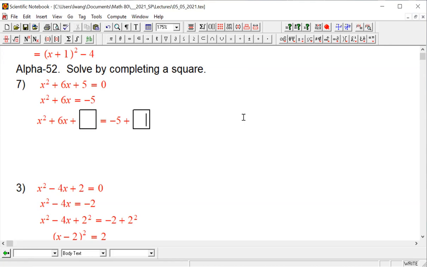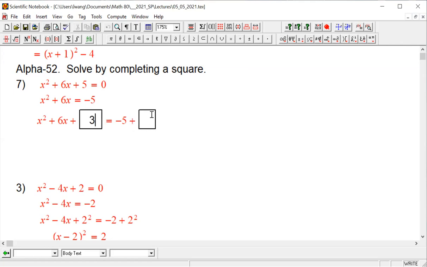You're very close. Remember, you have to make a perfect square. Add a 2. Add a 3, add a 2.